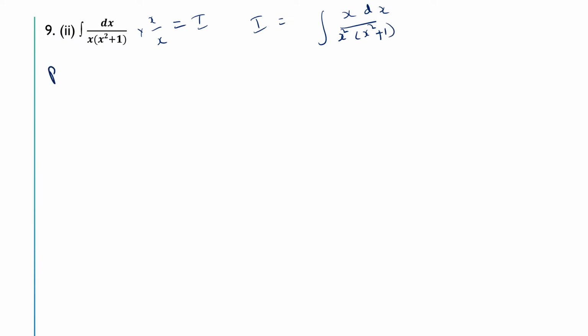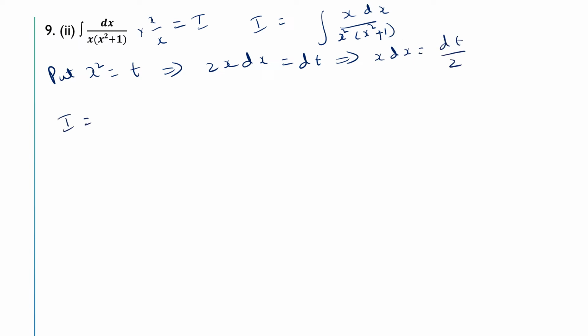So we can put x square equal to t. When we differentiate both sides, we get 2x dx equal to dt, or x dx is equal to dt by 2. So the given integral becomes half integral dt by t into t plus 1.